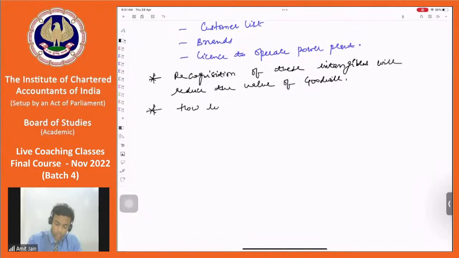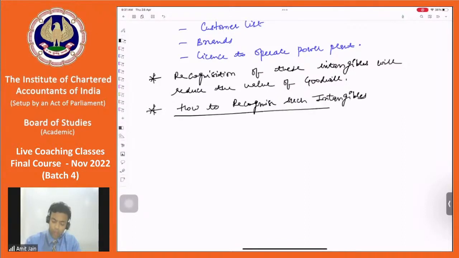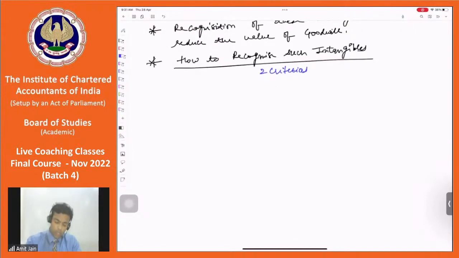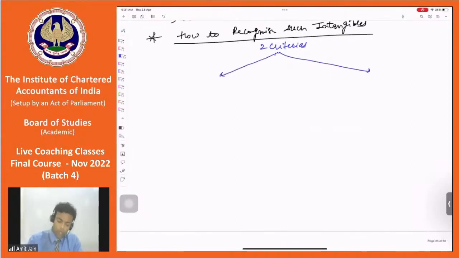Next point is how to recognize such intangibles. Two criteria.